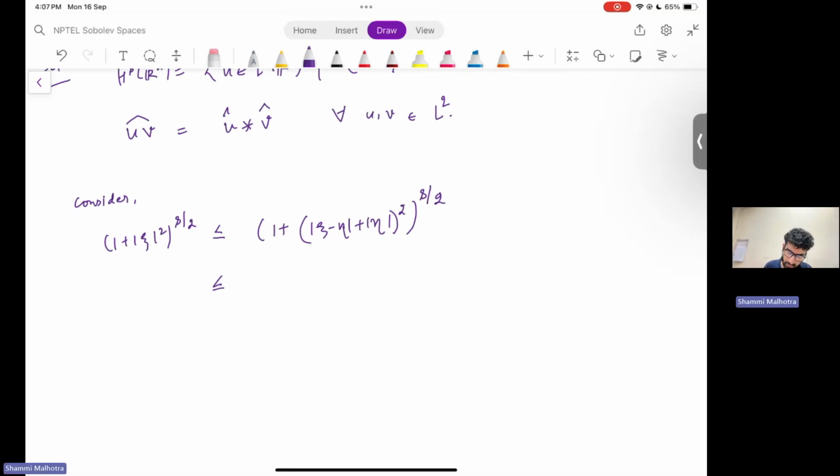And then by the triangle inequality, this can be written as (1 plus 2 times mod xi minus eta whole square plus twice mod eta square) raised to s by 2. So this is again by the triangle inequality, and then we are squaring the thing, and then AM-GM again. So that's how we get this.